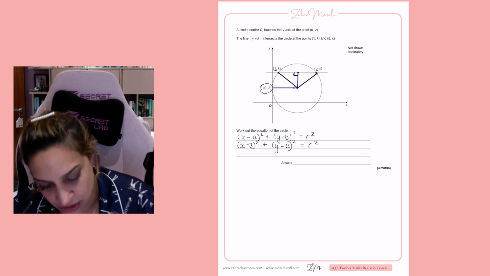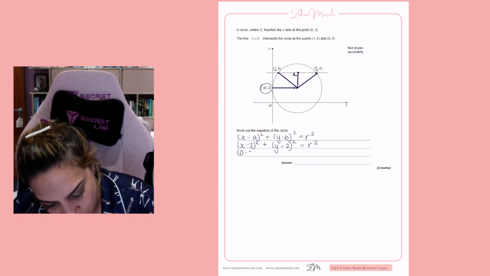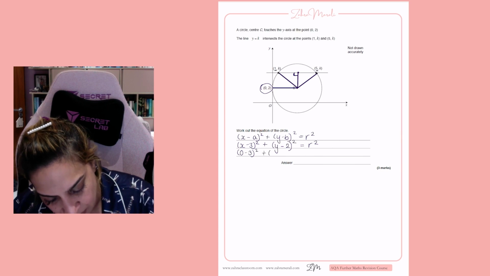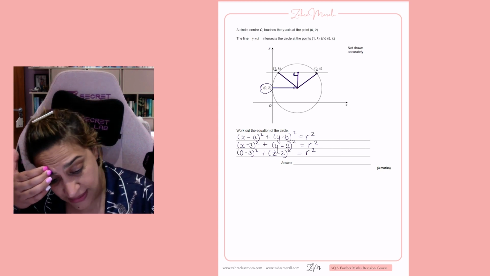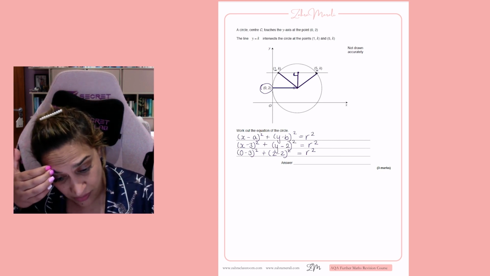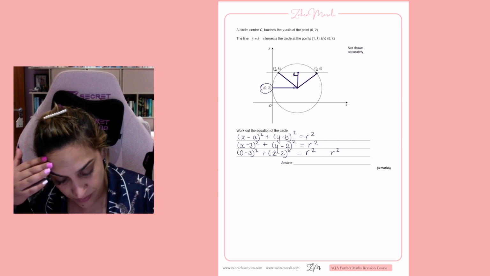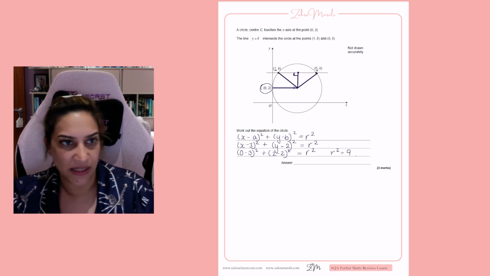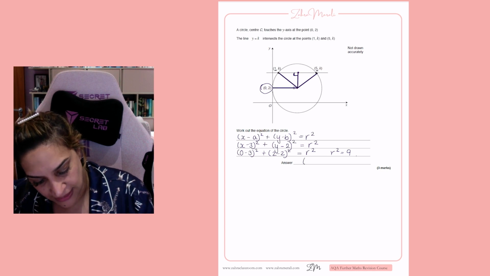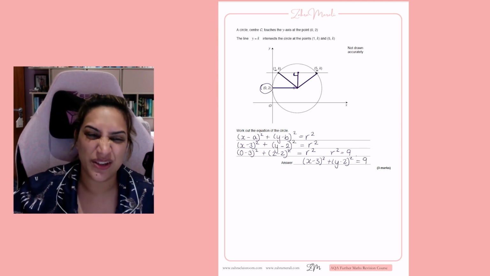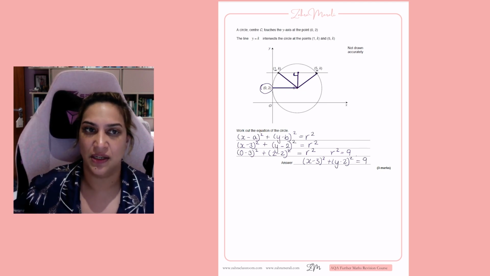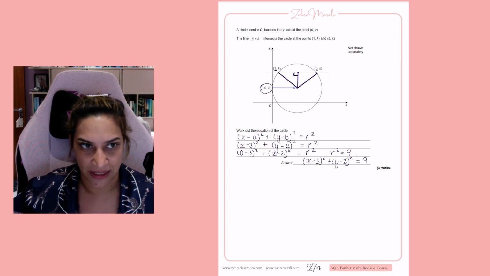So I'm going to substitute this point in. So I'm going to get 0 minus 3 squared plus 2 minus 2 squared equals r squared. So you're going to get r squared equals 9. And so my final equation is going to be x minus 3 squared plus y minus 2 squared equals 9, which I could have seen because I know that the x goes all the way out.